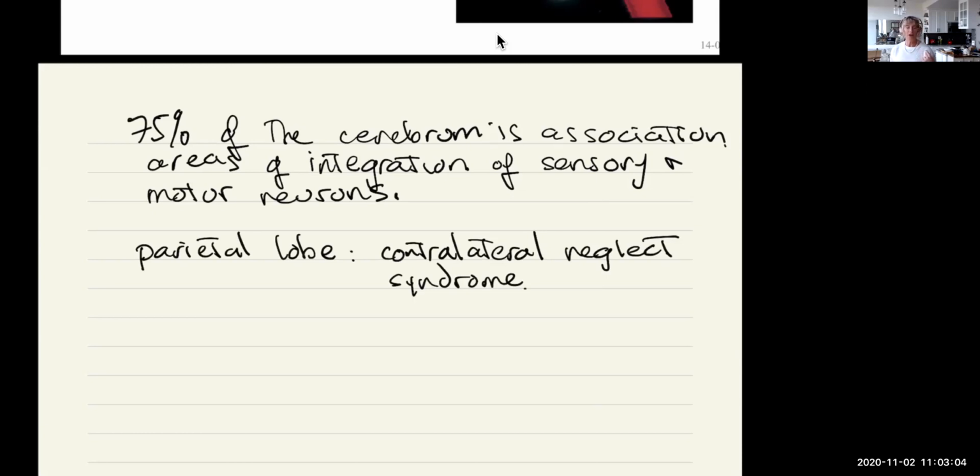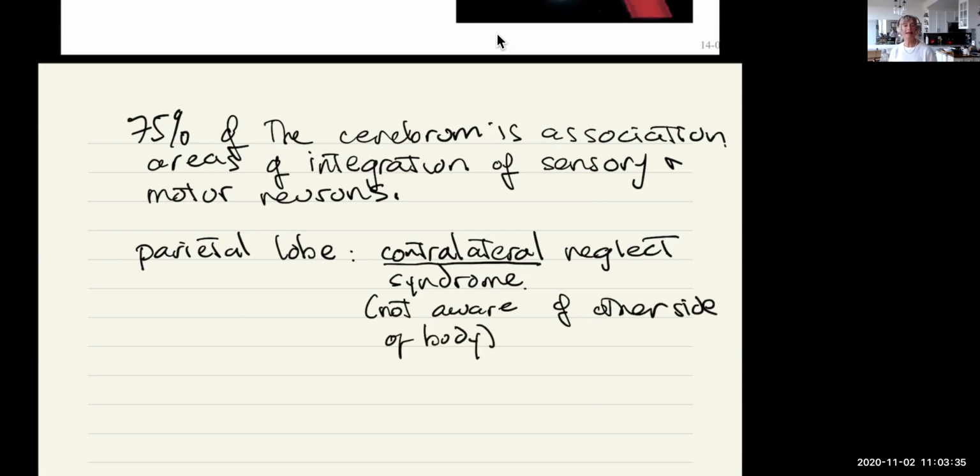So there are no motor reactions to that side of the body. Remember, contralateral is opposite. And that's because of decussation in the spinal cord of the sensory and motor neurons. So the individual is not aware of the other side of the body. So an individual, for example, a male might just shave half the face.